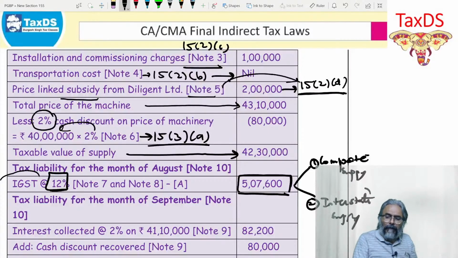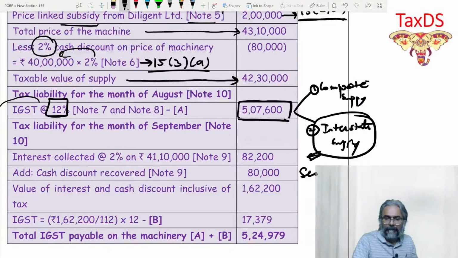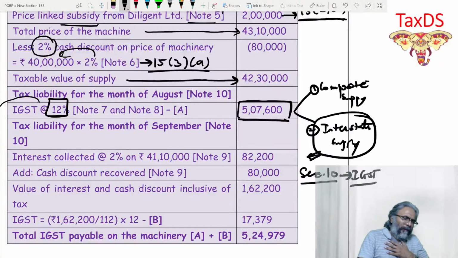For that, I need to prove that it is an interstate supply, and that is section 10 of the IGST, students.